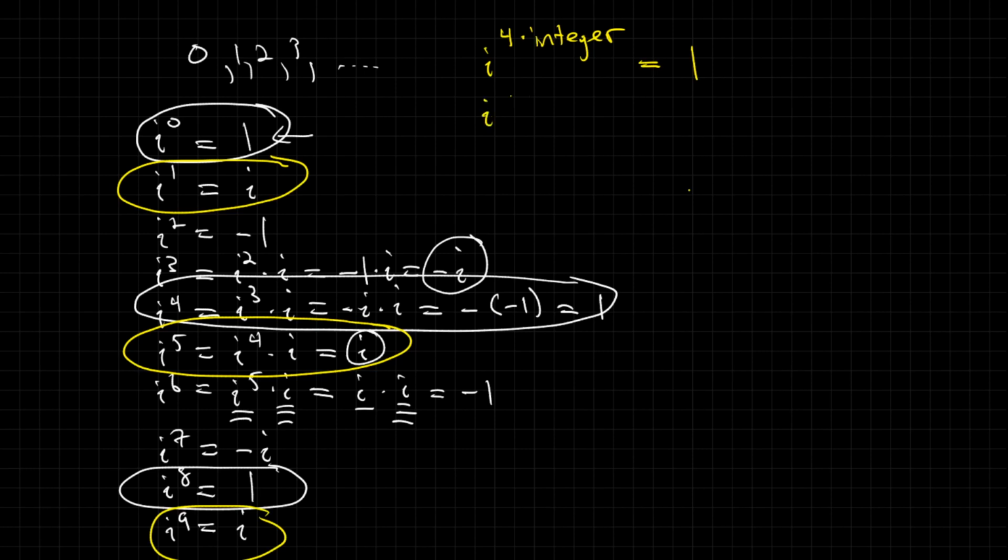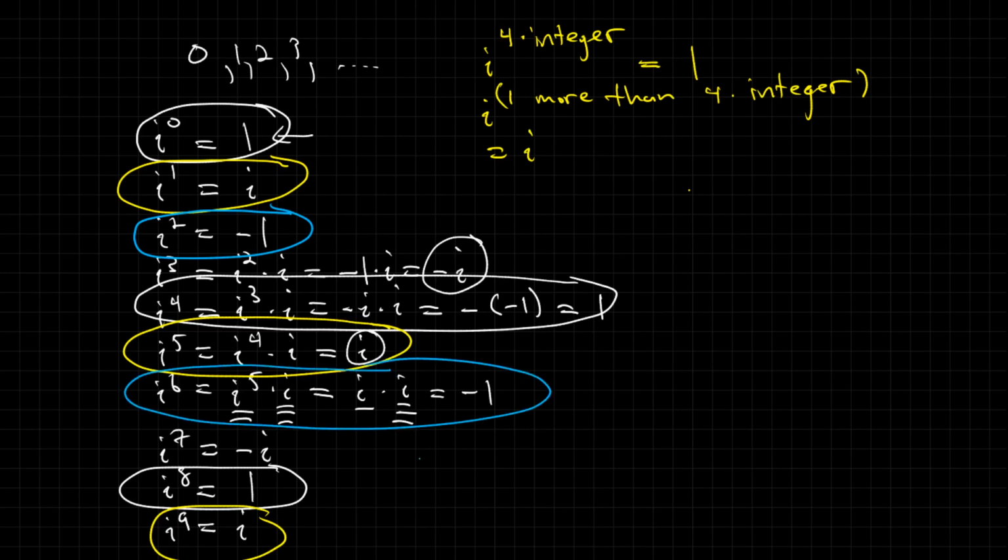So i to the 1 more than 4 times an integer is i. These observations are called the cyclic nature of i. When we do i to powers, the powers cycle.